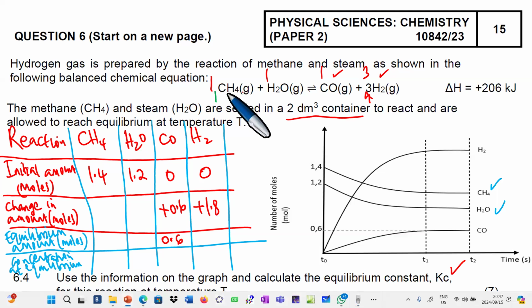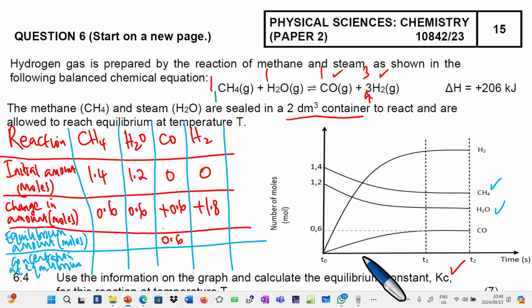But for the others, the ratio is 1:1:1. For every 1 mole of carbon monoxide, you have 1 mole of methane gas. Therefore, if the change is 0.6, it's also going to be 0.6 for methane. And for every 1 mole of carbon monoxide, it's also going to be 0.6 for the steam.